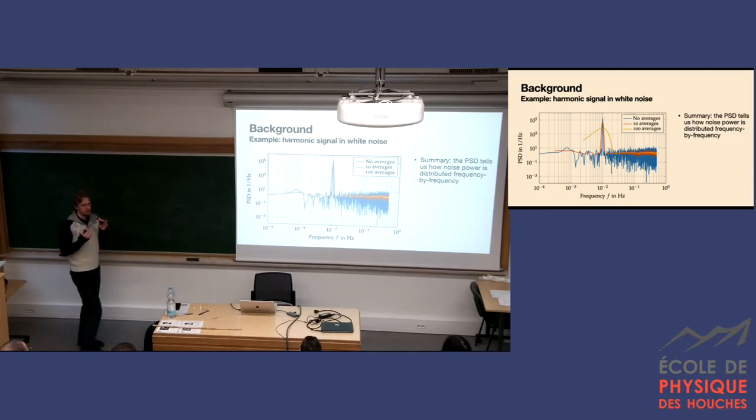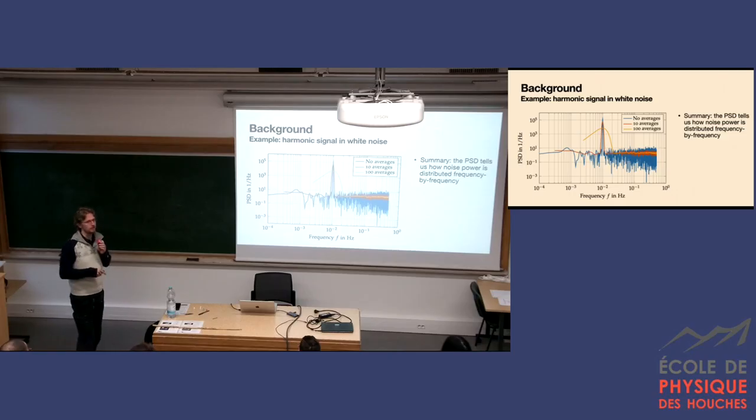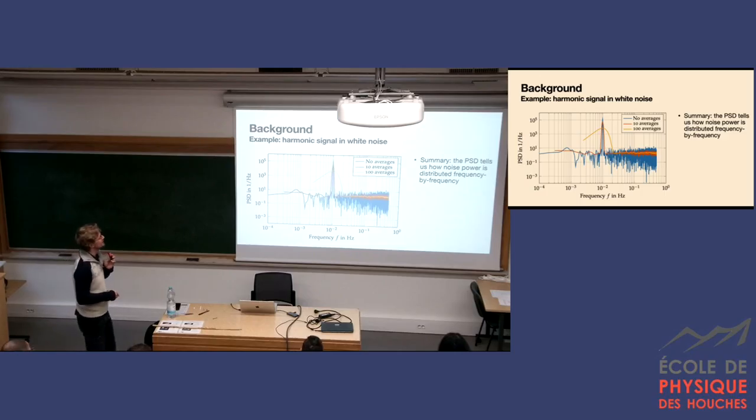If I have a harmonic signal in there with a constant power, that changes as my frequency interval goes up and down. It also gets smeared out because of a lot of these technicalities that I mentioned before, like spectral leakage, where power in one bin affects the readout in the other bin, which is why you have to be a bit careful with choosing your averages and your measurement time in a clever way.